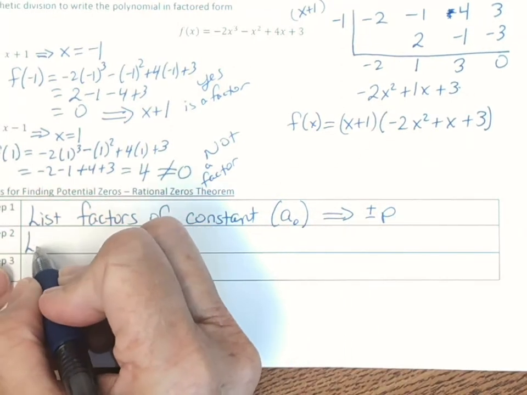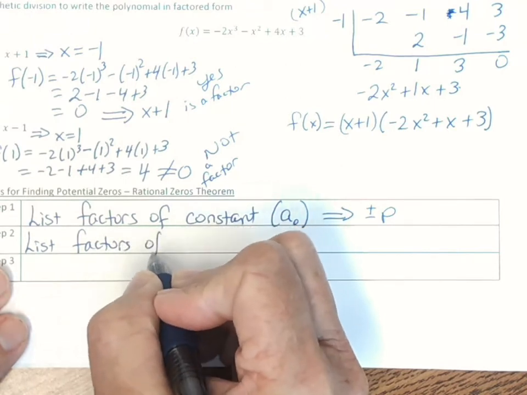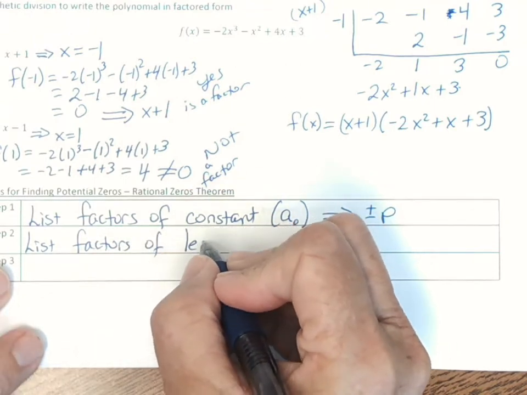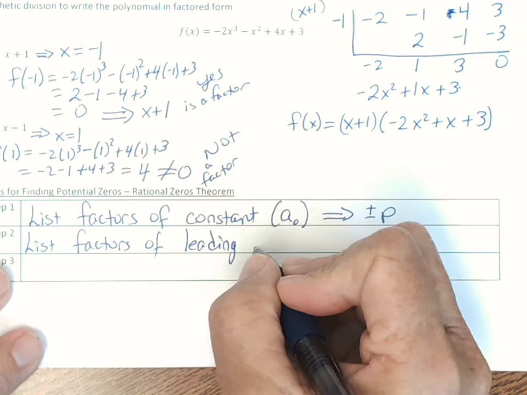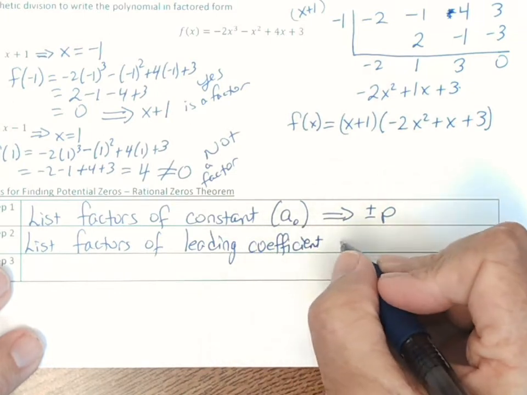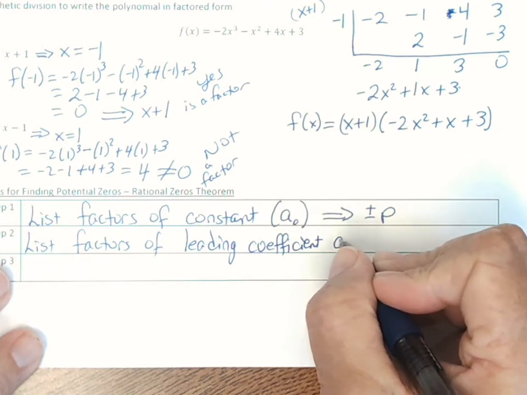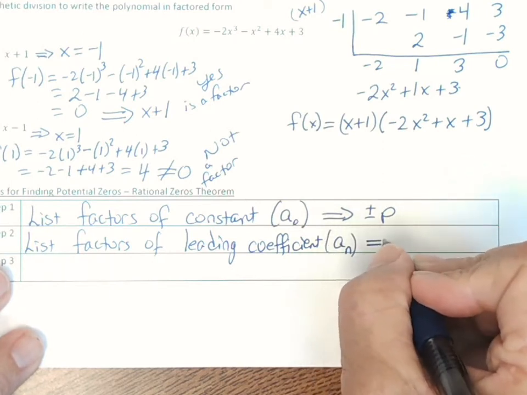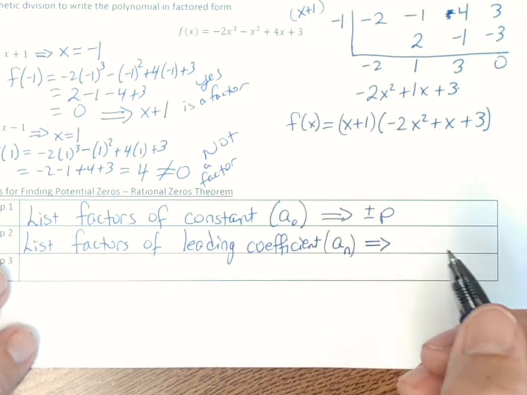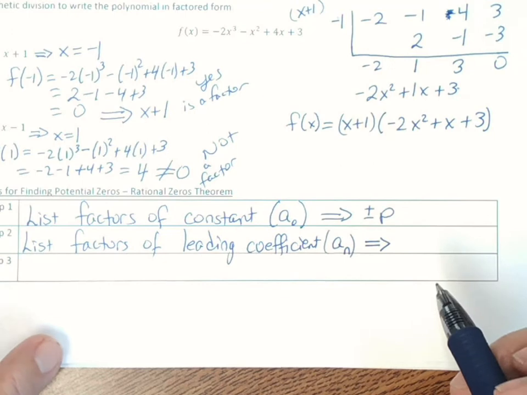Step 2 is list factors of the leading coefficient. And the leading coefficient is a sub n. You don't need to know that, but as you continue on, how we designate terms with subscripts is important to understand.